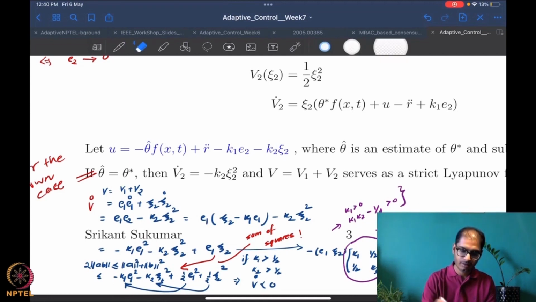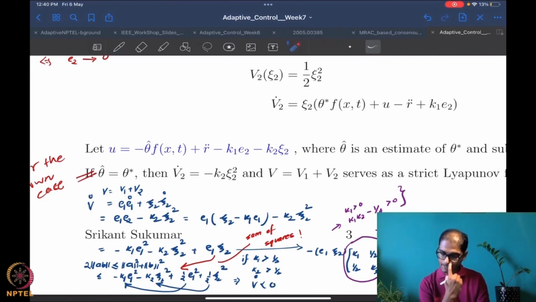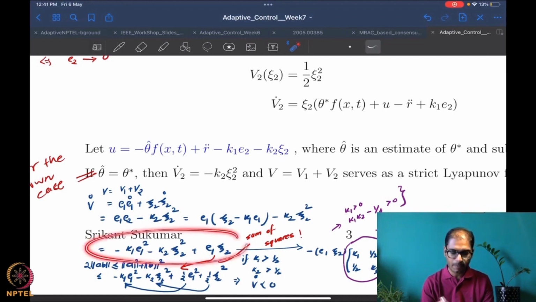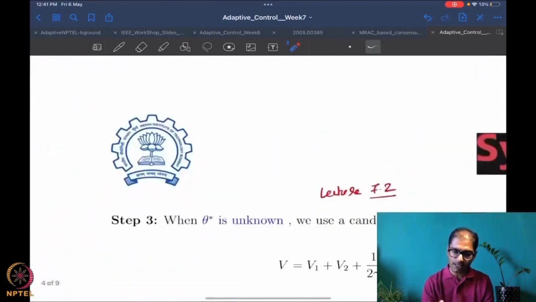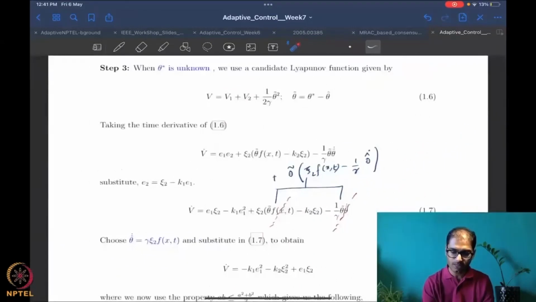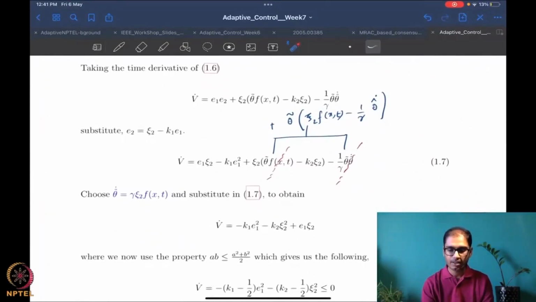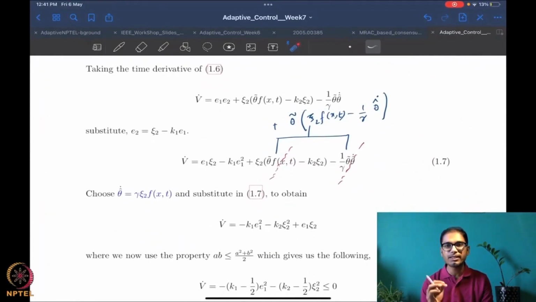This is v dot actually. That's fine, it's from the last lecture, no problem. It should not be surprising that v dot looks identical, because this has been our experience in all adaptive control problems. Our v dot always turns out to be the same as the known case.